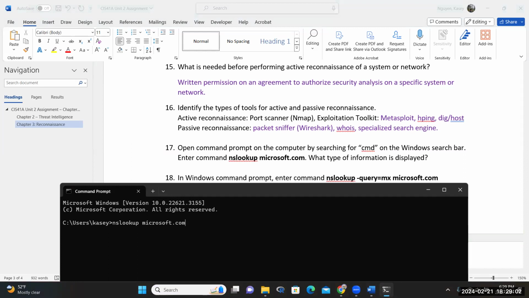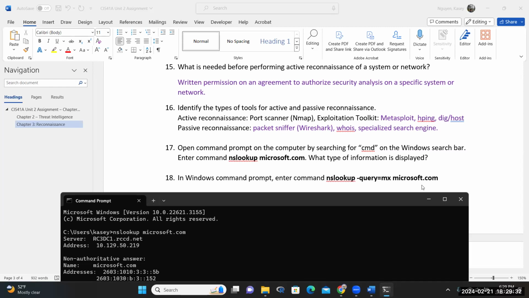So your destination or your target is following nslookup, and it would tell you, right? Here is my DNS. And then following that, you would see Microsoft information. So the information that's displayed, right?